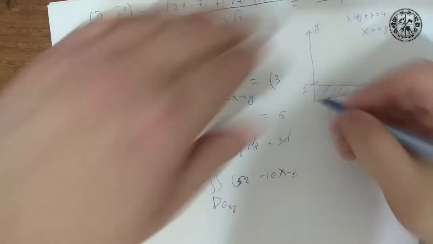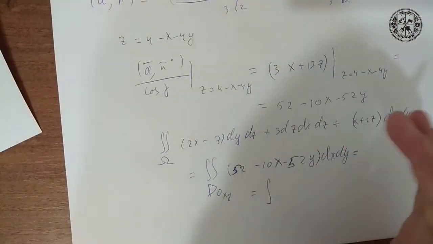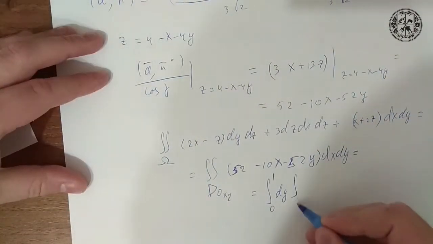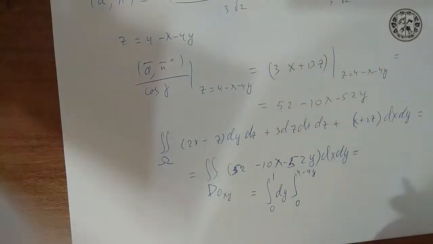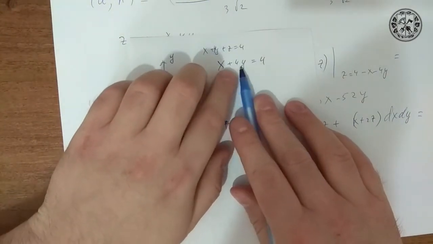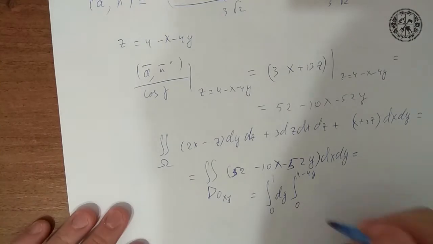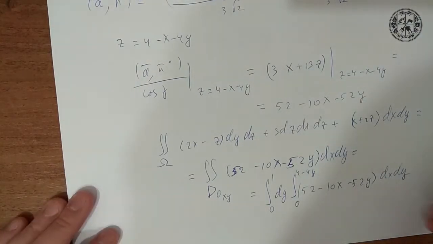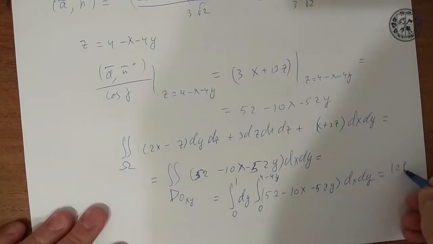So we will have the integral. Let us take the outer part by y from 0 to 1, dy. The inner part will be from 0 to 4 minus 4y, because if we express x here, we'll get 4 minus 4y. Now, here we just substitute 52 minus 10x minus 52y, dx dy, and if we calculate this integral, we'll get 188 over 3.